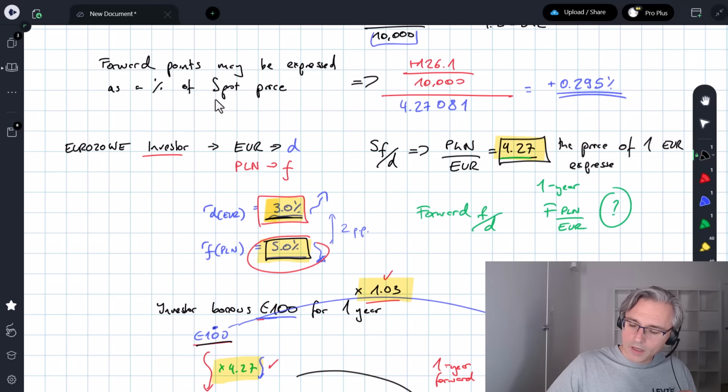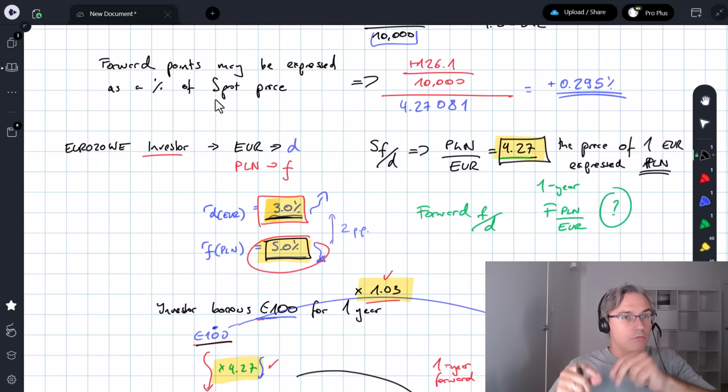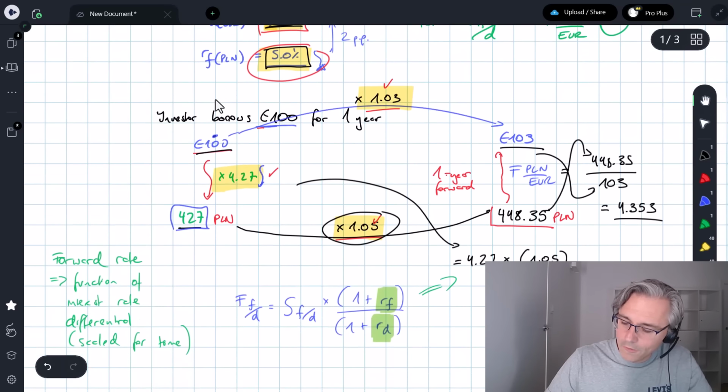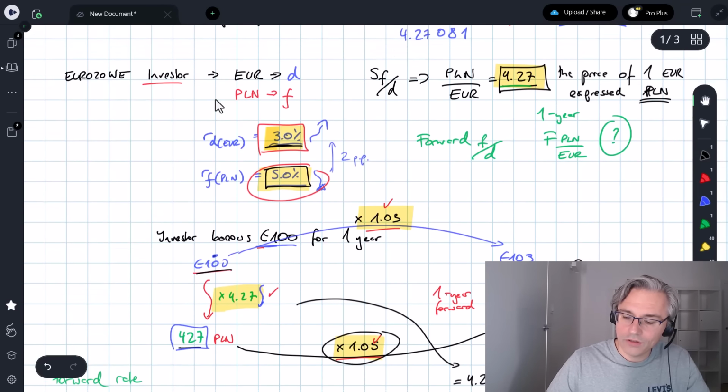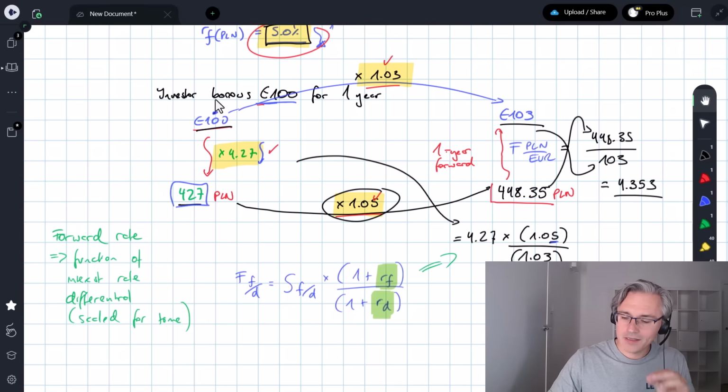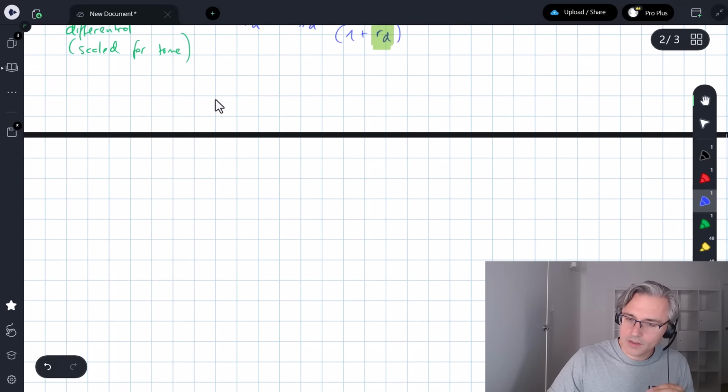This is how many Polish zloty you have to pay for 1 euro, or what 1 euro converts into in terms of Polish zloty. And the forward rate, as you can see, is higher than the spot one. So the price of a single euro in the forward market is higher than in the spot market. And that's a very important thing to appreciate.